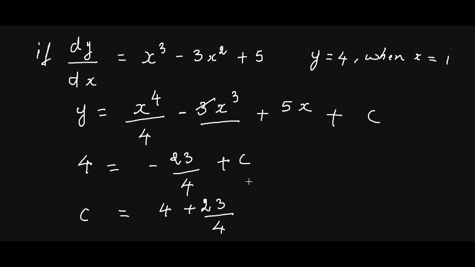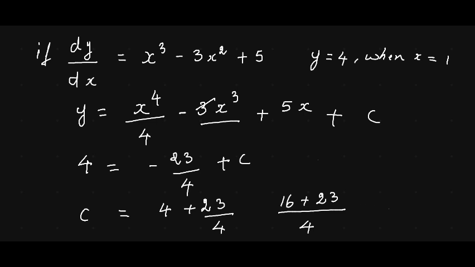And again, we need to take 4 as the common denominator because we pushed the minus 23 by 4, it becomes plus 23 by 4, but 4 plus 23 by 4 is actually 4 into 4, 16 plus 23 divided by 4.